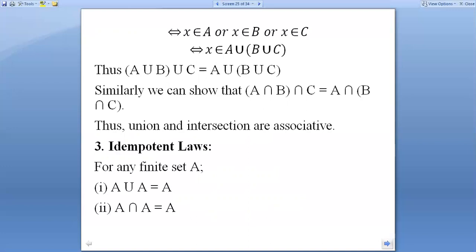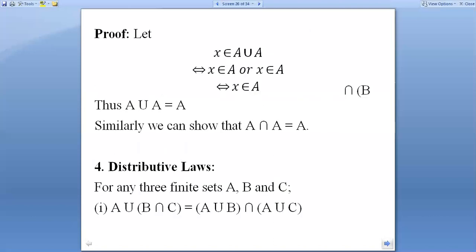The next law is the idempotent law. The idempotent law is basically a sort of reflexive relation. When we justify a relation with itself, here we are considering only one set, that is A, and we are taking both relations with A. So A union A will be equal to A and A intersection A will be equal to A. Again, the concept and the procedure will remain the same.